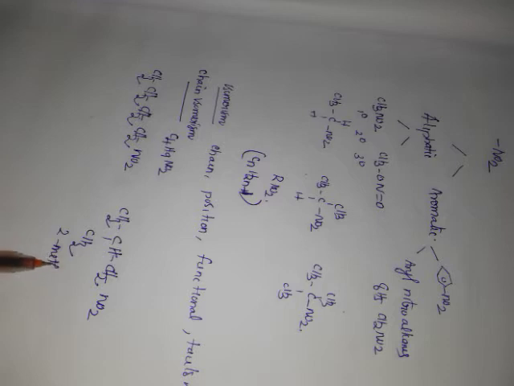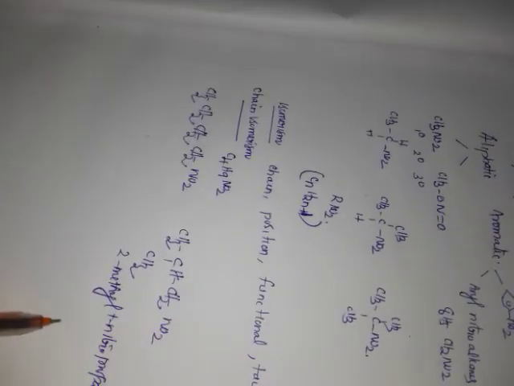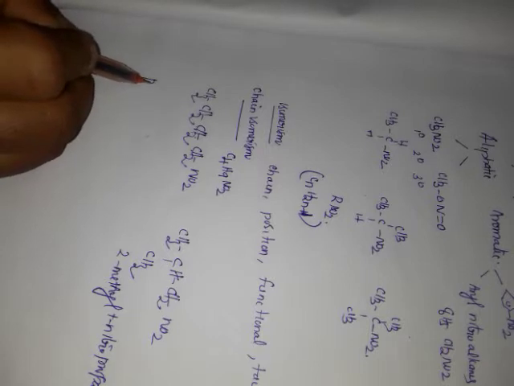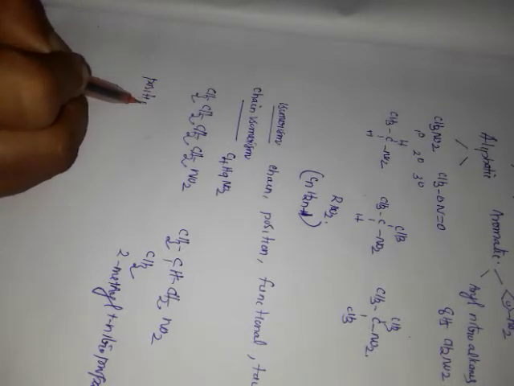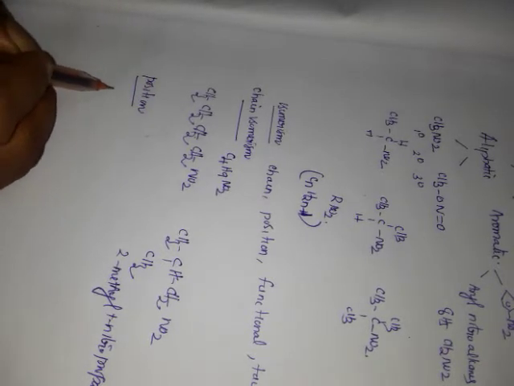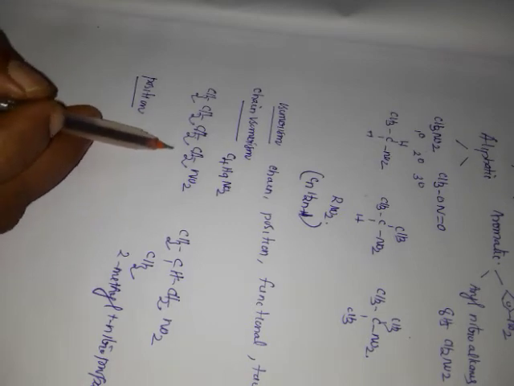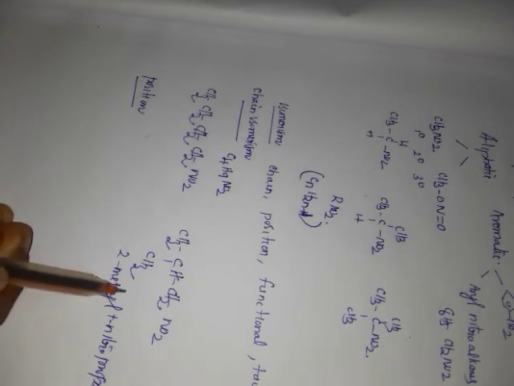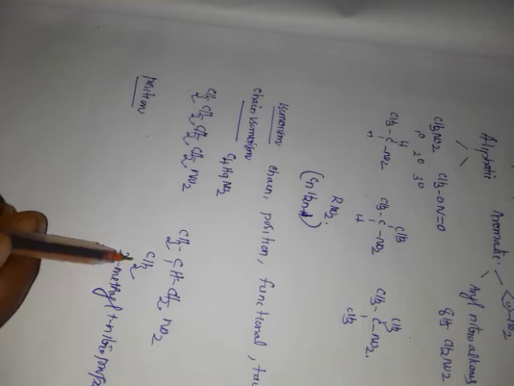This is 2-methyl-1-nitropropane. So chain isomerism means they differ in the length of the carbon chain, but have the same molecular formula.